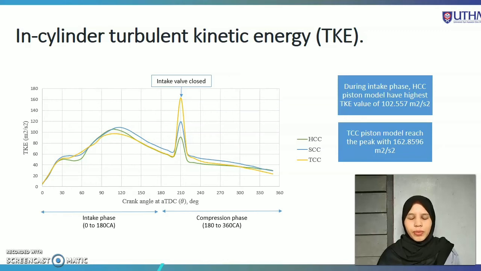From the graph it is also found that the HCC piston bowl generates the maximum TKE value of 102 meter squared per second squared during the intake phase. Next, it is found that the TCC model generates the highest TKE value of 162 meter squared per second squared compared to the other piston bowls. Overall, the TCC model can generate a higher TKE value than the other pistons, which is helpful for combustion.